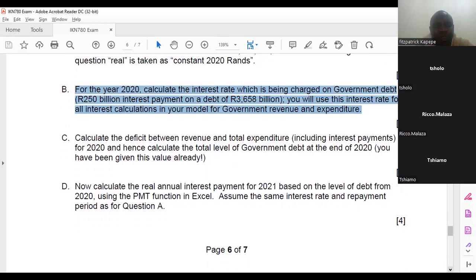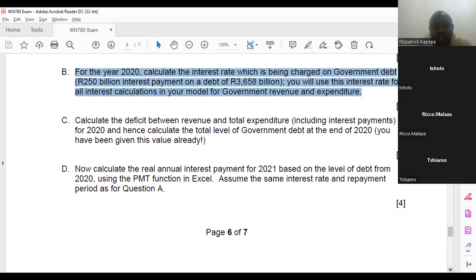Okay. We came here for the year 2020, calculate the interest rate which is being charged on government debt of 250 billion interest payment on a debt of 658 billion. You will use this interest rate for all interest calculations in your model for government revenue and expenditure.